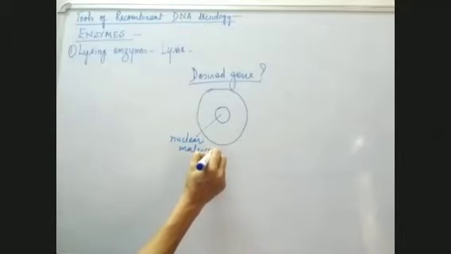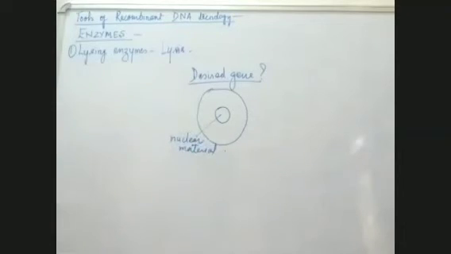You know, the DNA is in the nuclear material, and we will obtain this nuclear material from the nucleus. So the desired gene with which we want to make rDNA or recombinant DNA has to be obtained from the nucleus, and specifically the nuclear material.